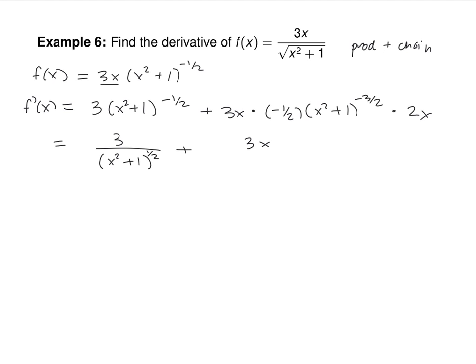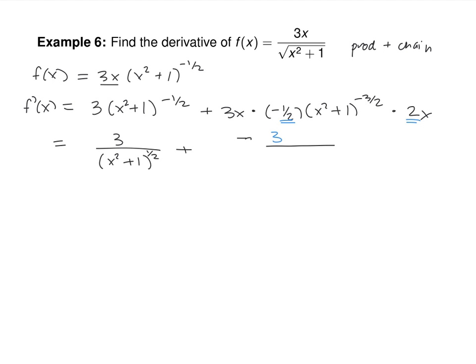Let's think for a second, because I made a mistake I need to erase. First of all, positive or negative? Negative. Second of all, does anything cancel? The 2's do, don't they? This 1/2 and that 2 cancel. So the number is a 3.